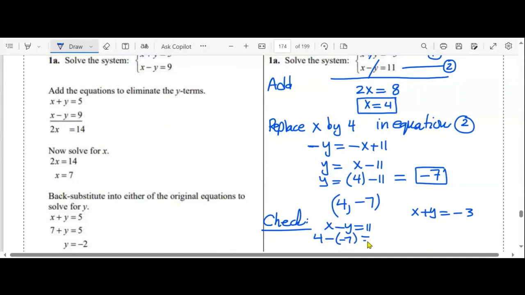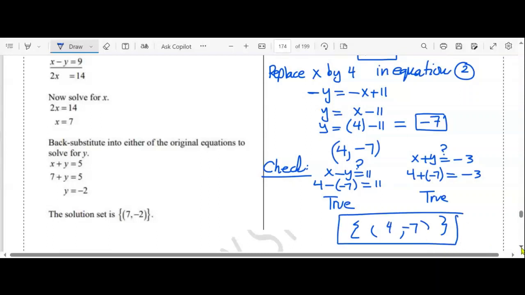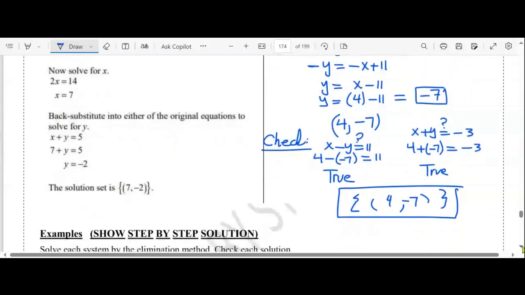Is it equal to 11? And this one, same thing. Is it equal? True. Therefore, your solution set is 4, negative 7. Easy. Let's go to the next one.